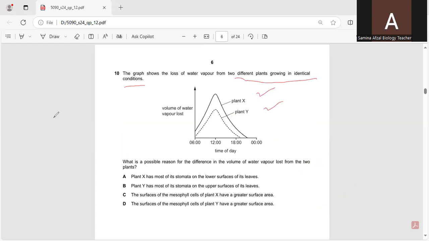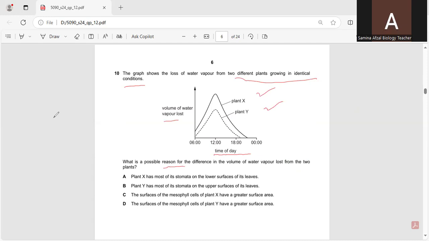What is a possible reason for the difference in the volume of water vapor lost from the two plants? You can see in plant Y, the loss is less in comparison to plant X. So we have to find the suitable answer.